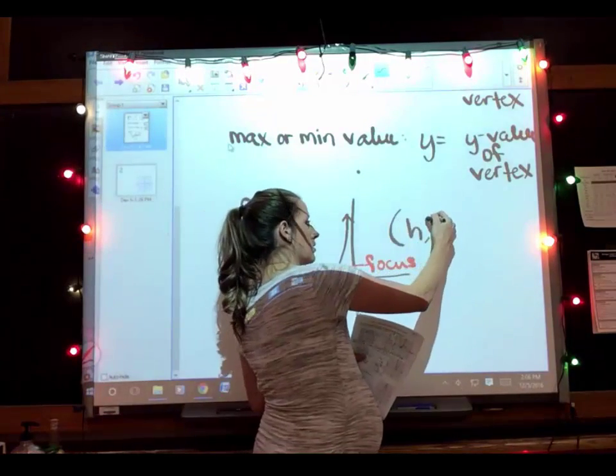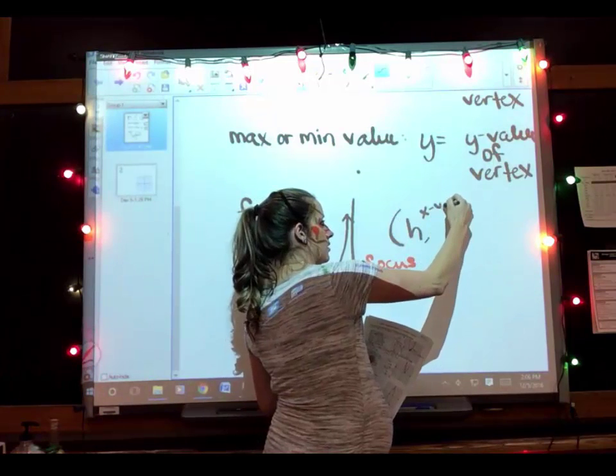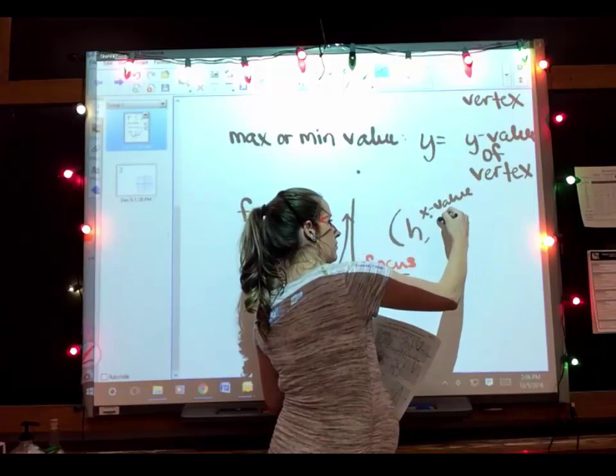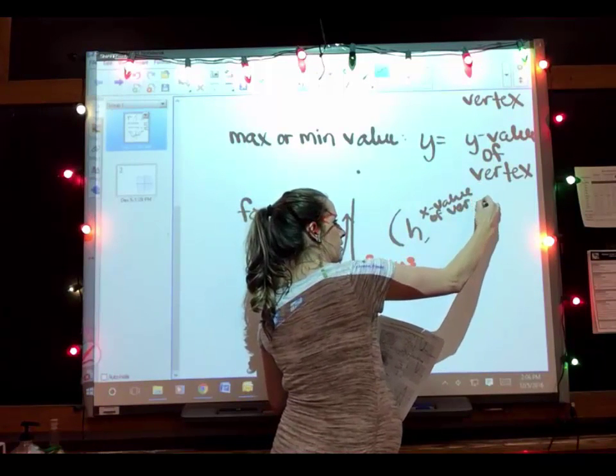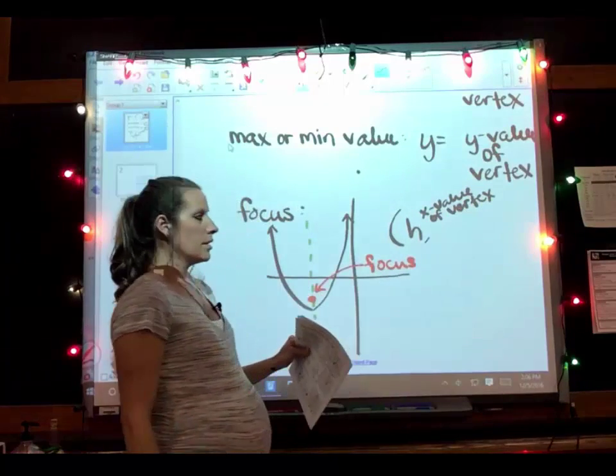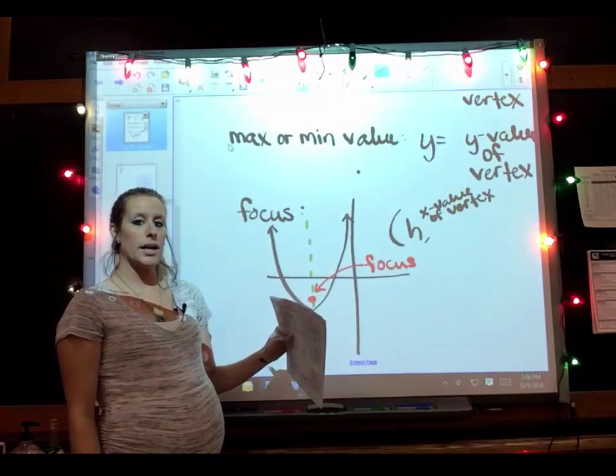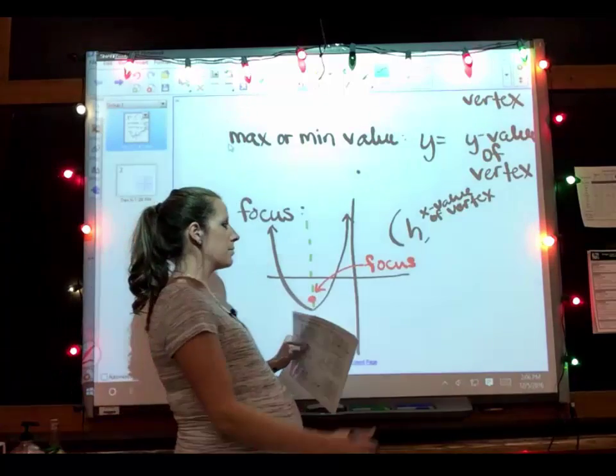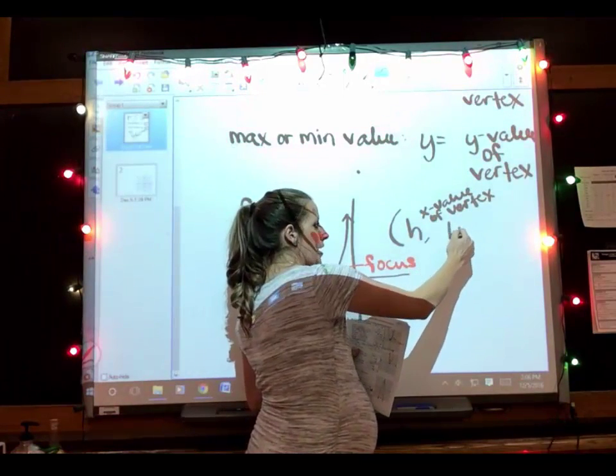And you can write it out if you want. Now your y value, you're going to have to actually figure out. Your y value is going to be k plus 1 over 4a.